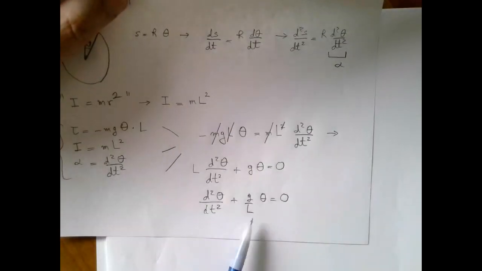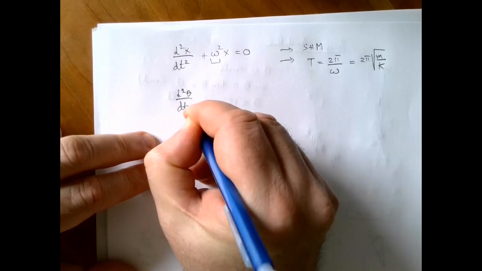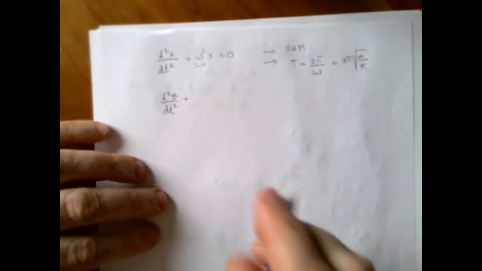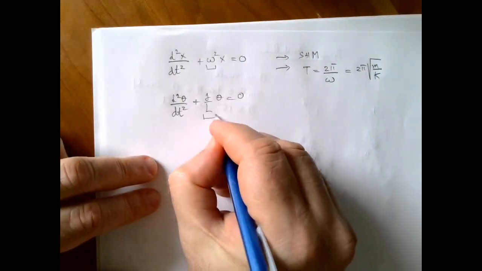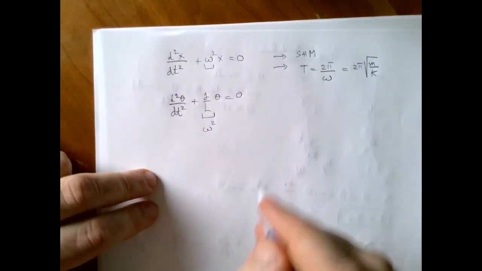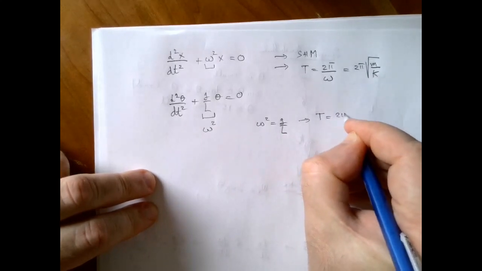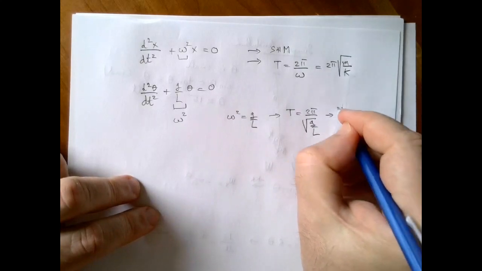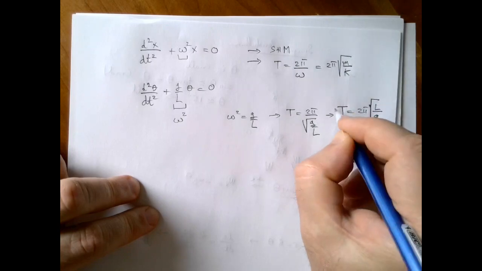If we look at our equation, it looks like that. So d2 theta/dt2 plus g over L theta equals 0. We call this omega squared. Omega squared is g over L, which means the period will be 2 pi over square root of g over L, or the period is 2 pi square root of L over g.